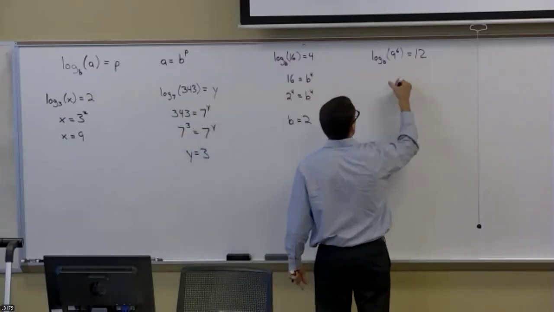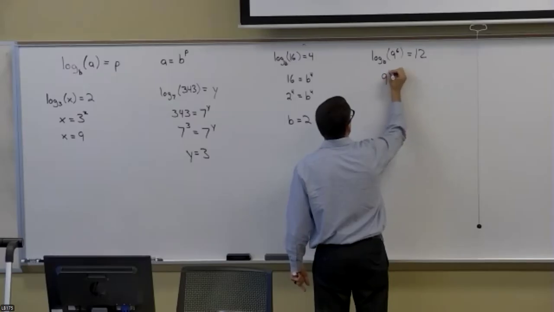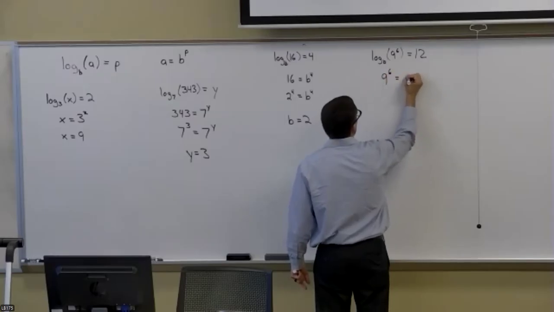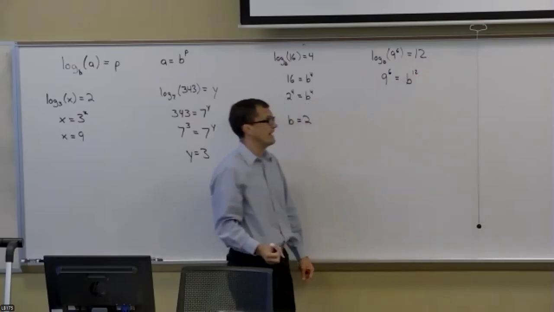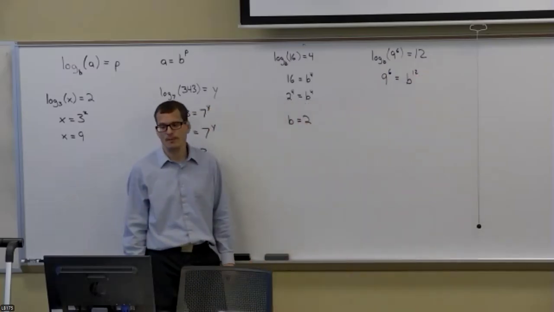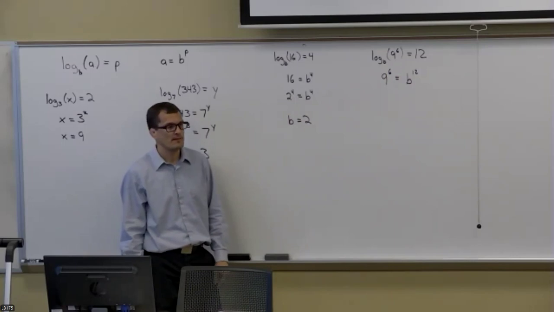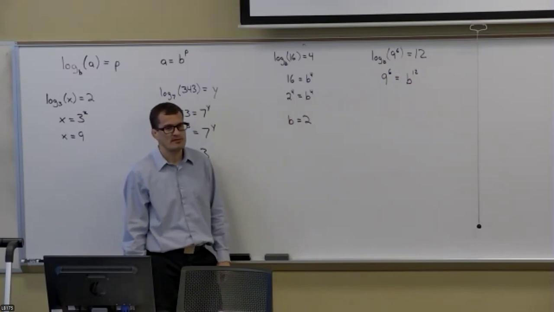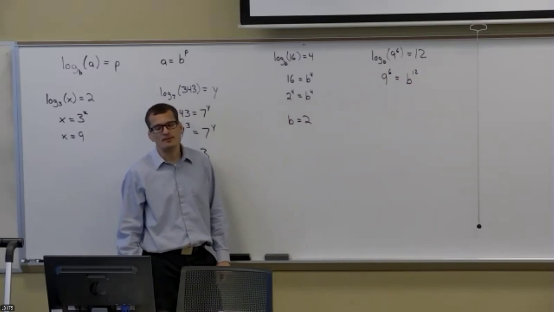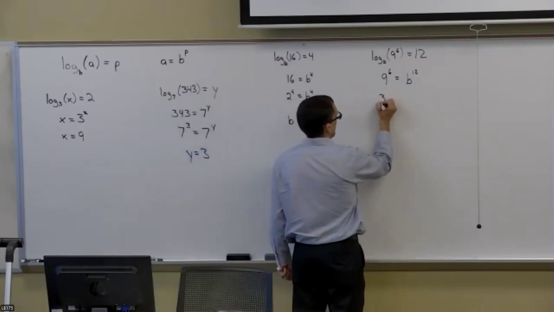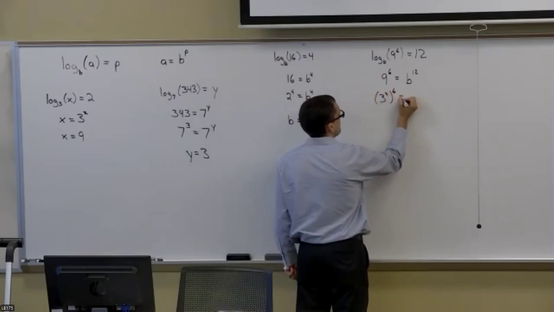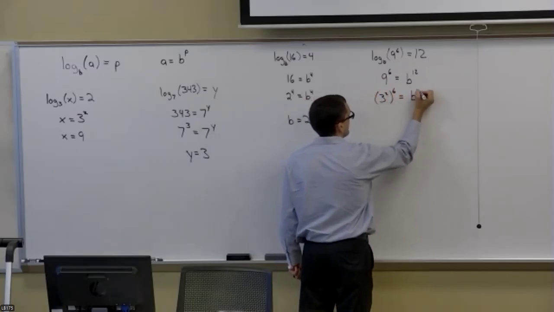This is a little bit tricky. We have 9 raised to the 6th power is equal to b raised to the 12th power if I write that in exponential form. This one I have to manipulate a little bit. 9 is 3 squared. So I have 3 squared being raised to the 6th power.